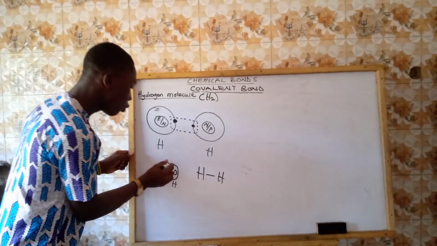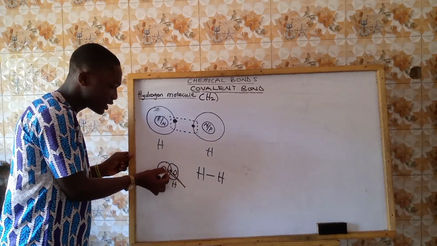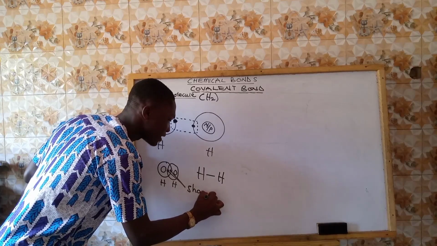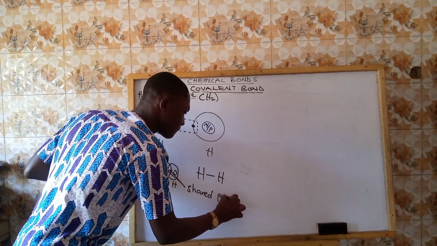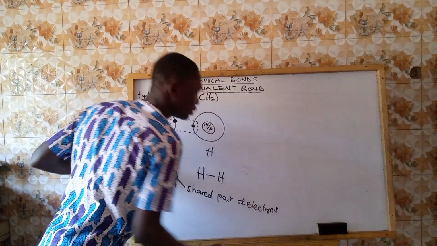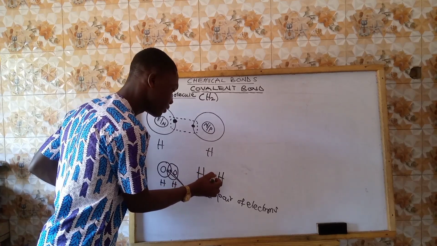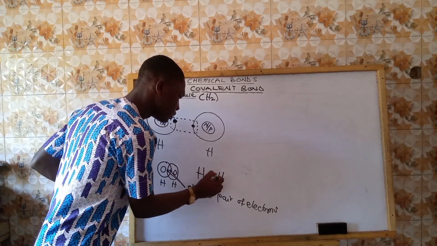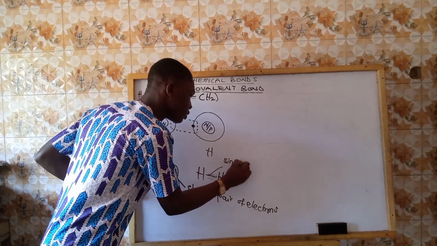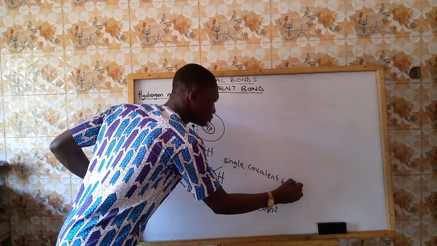So the electrons here are called shared pair of electrons. They are shared pair of electrons. And this dash here is also called a single covalent bond.